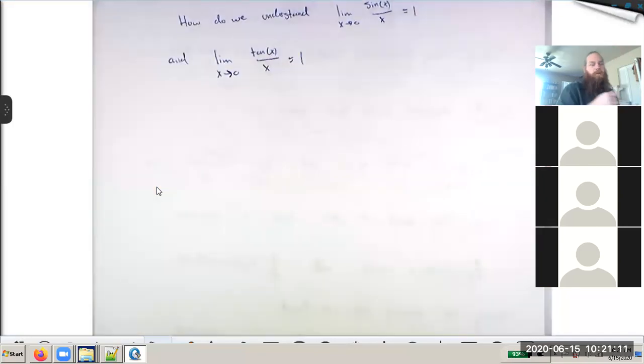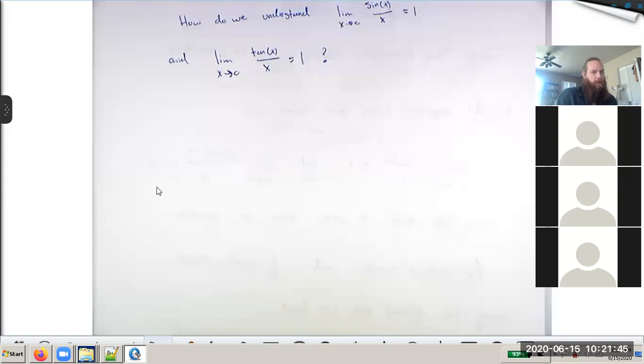Both of these limits have some serious meaning in physics, especially if you've ever calculated the motion of a pendulum. Not super easy, not super hard, but you need to make a simplifying assumption about halfway through the process that comes from one of these limits. And they really both say the same sort of thing.